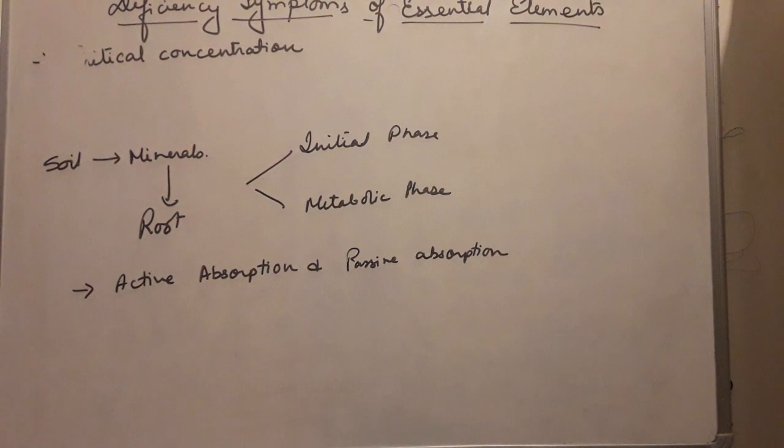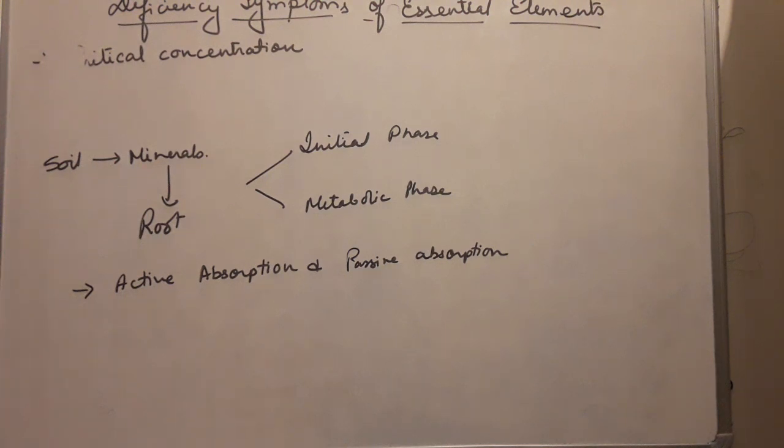So when the minerals enter into the roots, it uses ATP and moves against the concentration gradient. That's why this particular transport is called active transport. Okay, that means absorption of the ions into the inner space takes place through active absorption. But if these ions move into the outer space from the cell, then that is through passive absorption.